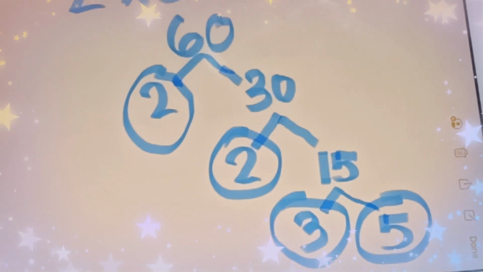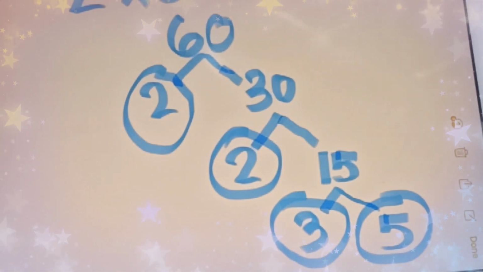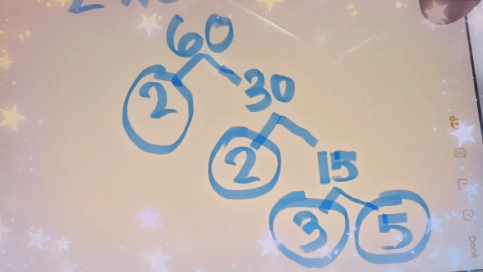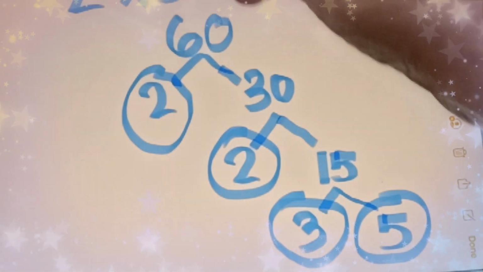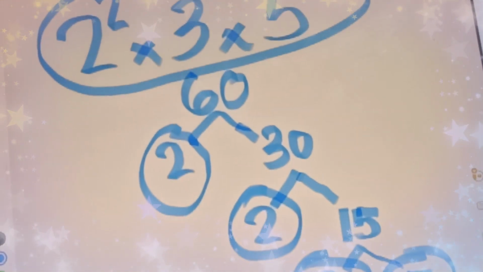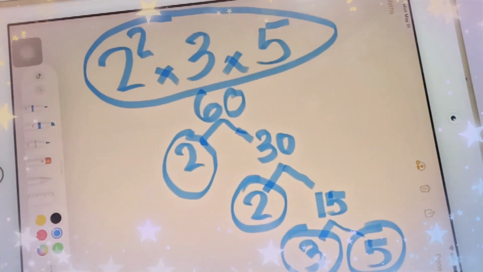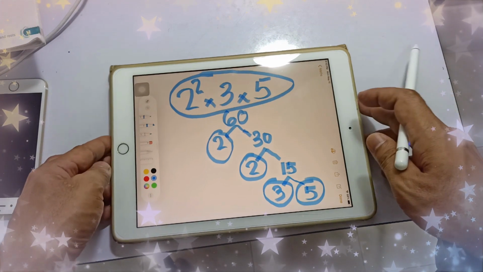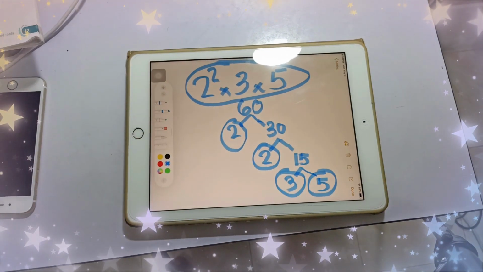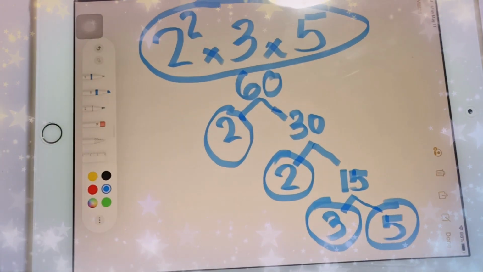So the prime factors are 2 squared, 3, and 5, or 2 times 2 times 3 times 5. So these are the prime factors of 60.